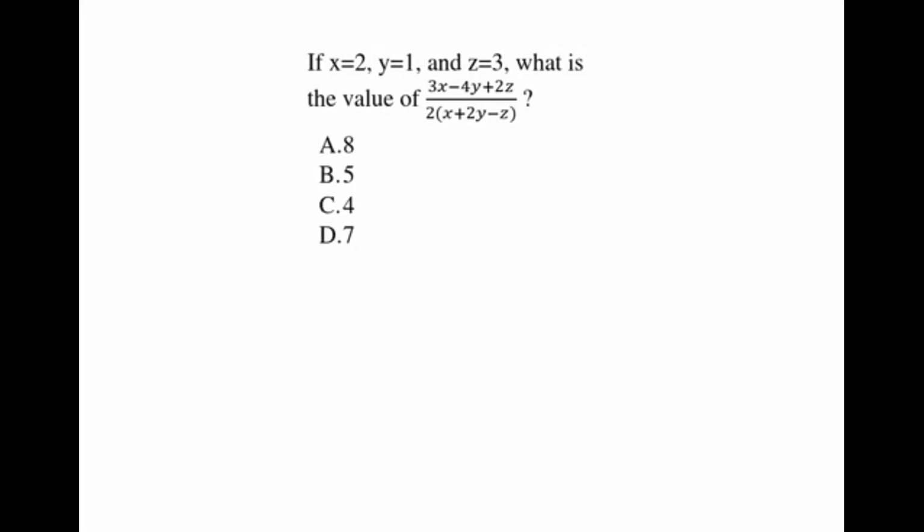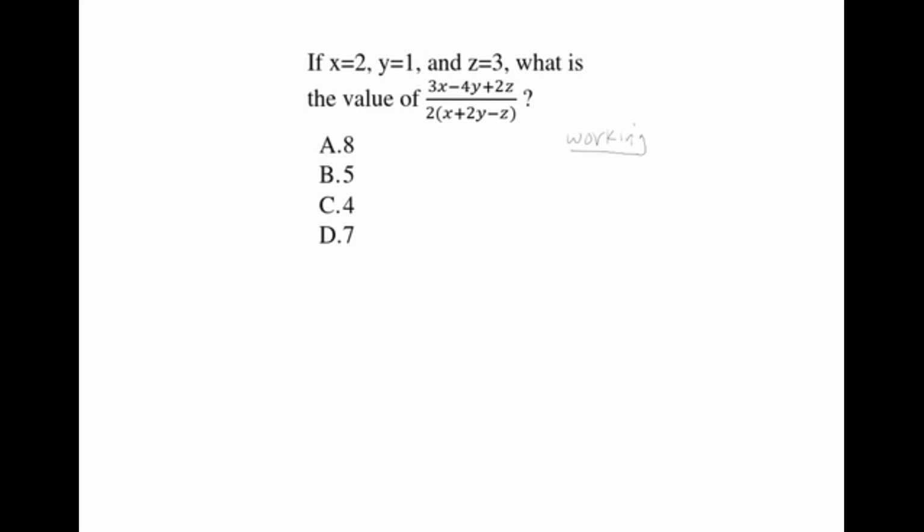If x equals 2, y equals 1, and z equals 3, what is the value of 3x minus 4y plus 2z over 2 brackets x plus 2y minus z? So working.